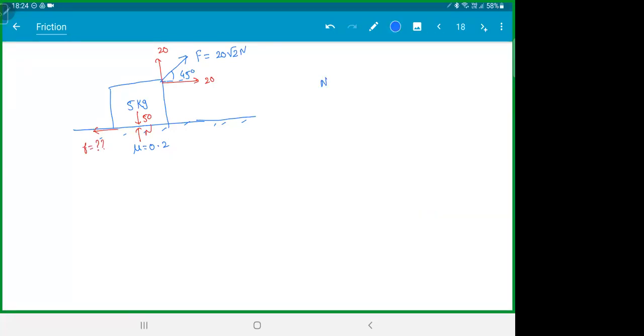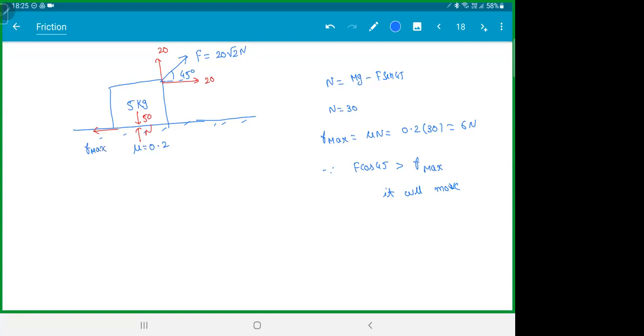So what is N? N is mg minus F sin 45. There is a vertical component there. 50 minus 20, N is 30 newtons. What is F max? Mu into N, which is 0.2 into 30, which is 6 newtons. Since F cos 45 is greater than F max, it will move. And now you know this is F maximum.